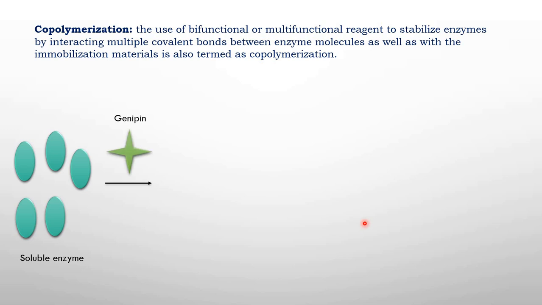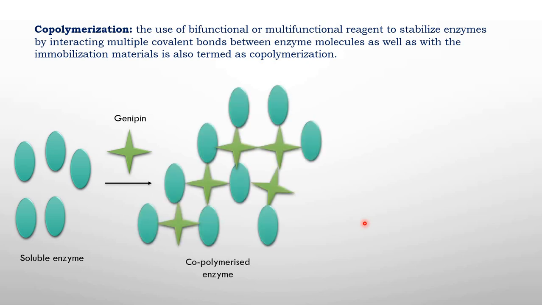We can use a copolymer or polyfunctional group, for example genipin. The property of genipin is that it can bind with the free enzymes and also bind with itself, so it forms a copolymerized enzyme group.